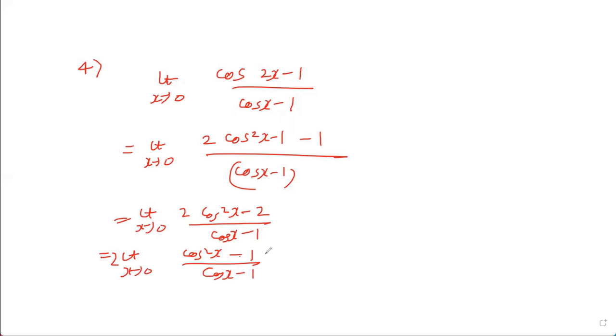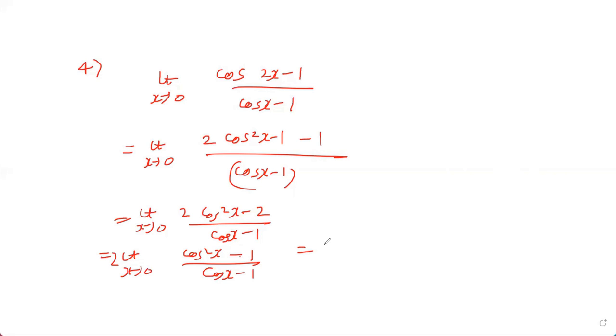Although this is not an algebraic sum, the technique that we have applied in algebra works for this particular sum, because if I think of cos x as a single variable, then the technique will work here.